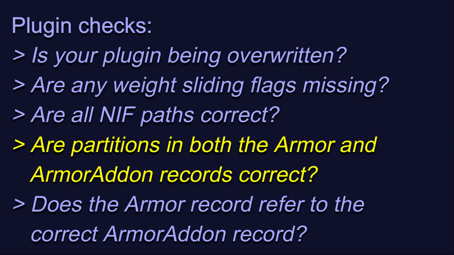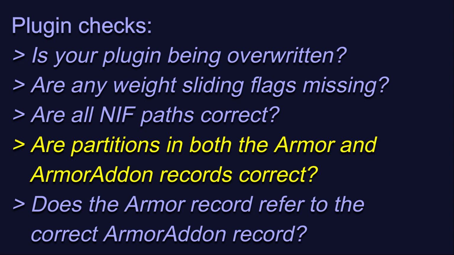Next, check the partitions in the Armor Addon record. Every partition used in every mesh in the wearable NIF should be listed here. Open the NIF in NIF scope and check all the partitions in the BS Dismember Skin instance block of each mesh to be sure. Refer to the relevant timestamp in video number 22 if you aren't sure how to do that.